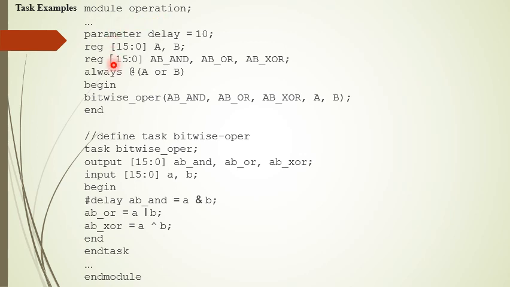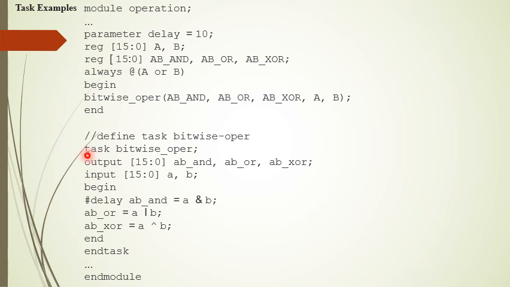We have some declarations, and inside the always block we invoke the task named bitwise_oper. And end. This end is for the begin, that is the always block. Now soon after that we write the task.